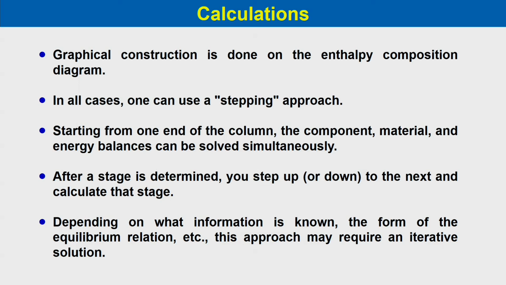Depending on what information is known, the form of the equilibrium relations and other things, this approach may require iterative solutions. Regarding the determination of the number of trays using the Ponchon-Savarit method, we will consider that in a later part of our discussion.